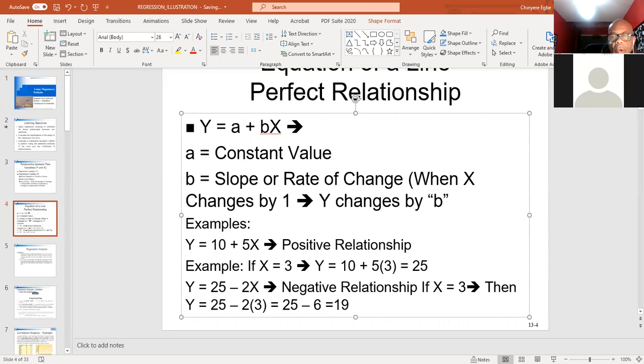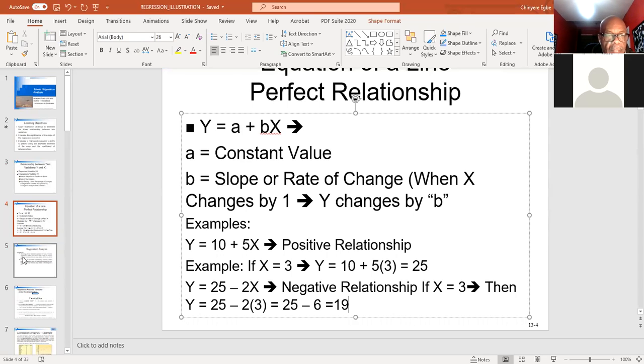Now, what you see in what we have done, and the reason I said this is a perfect relationship, is that once you know the value of x, you can calculate the value of y exactly. It's always exact. So if this is all that we can do, then regression analysis in statistics has nothing to contribute.